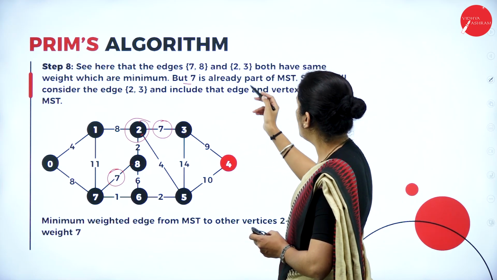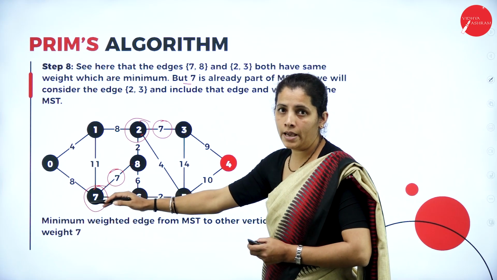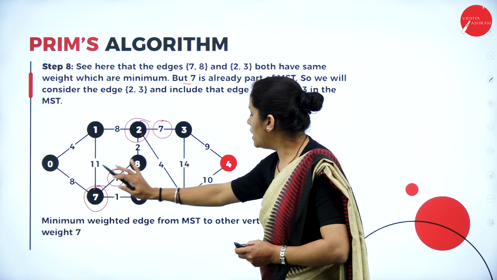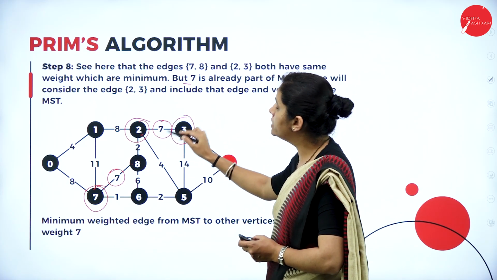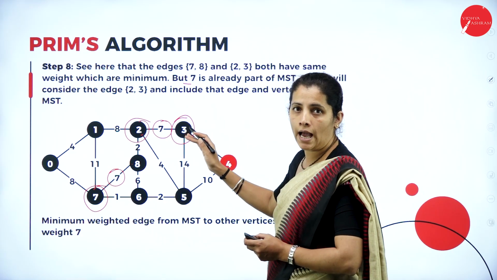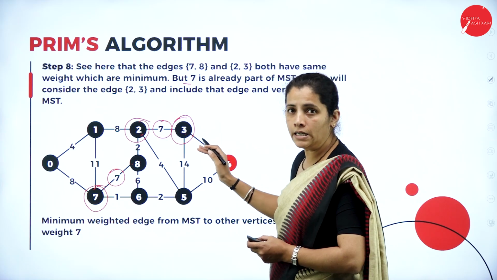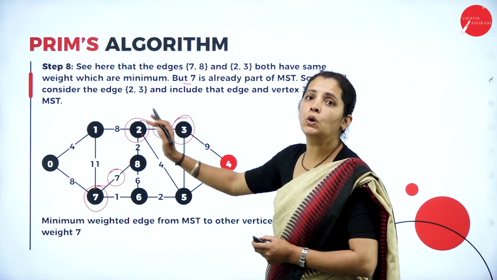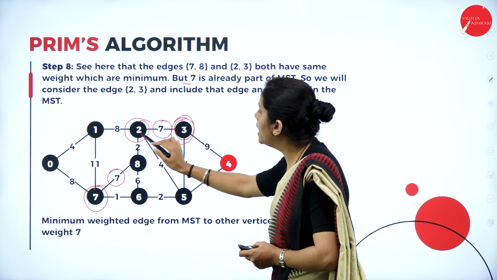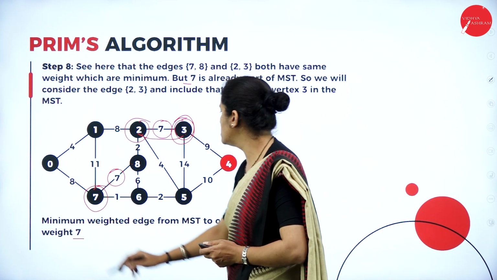But 7 is already part of the minimum spanning tree. Now, which is left out? 3 is remaining. I want to include this 3 as part of my spanning tree, because in my spanning tree I must include all the vertices. So I'll consider 2 to 3 with the weight 7.